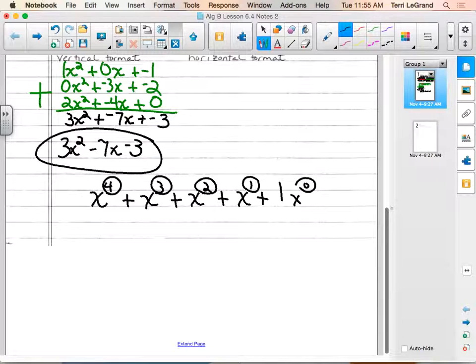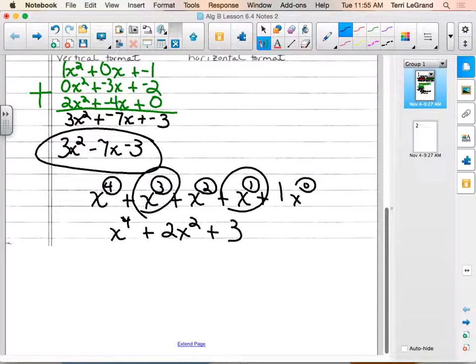So if we were adding the polynomial x to the 4th power plus 2x squared plus 3, how many placeholders would that one need? It would need 2. It would need some x cubes. It's missing those, right? And it's missing the x term. So we would need a placeholder there. So that's how we decide where to put placeholders.